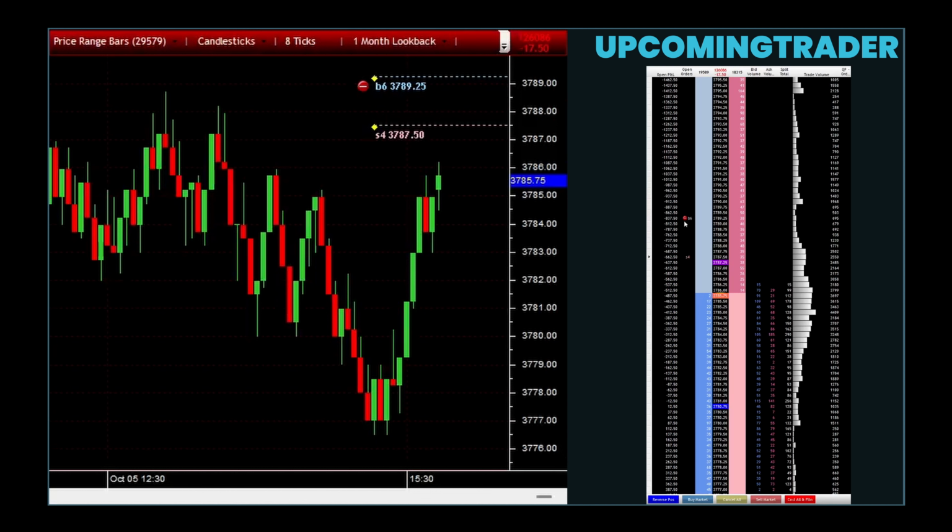The downside Tasuki Gap is a pattern observed in the world of technical analysis, specifically during a downtrend in the market. It signifies a potential continuation of the downtrend after a brief respite. To identify this pattern, one looks for 3 key candles on a chart.